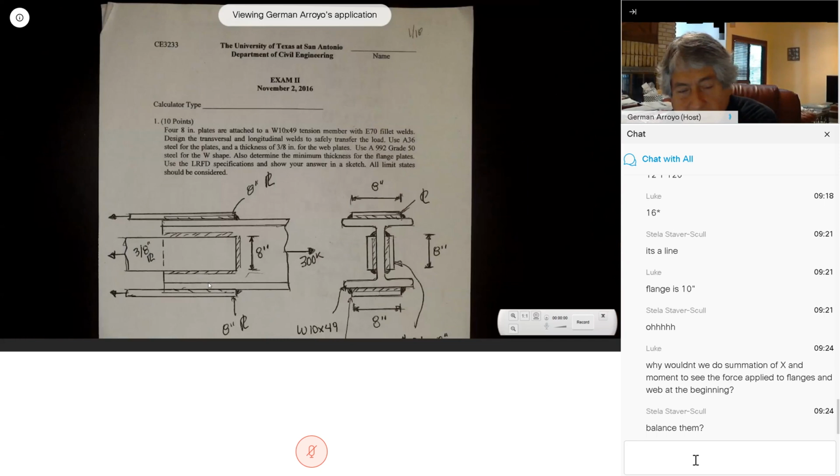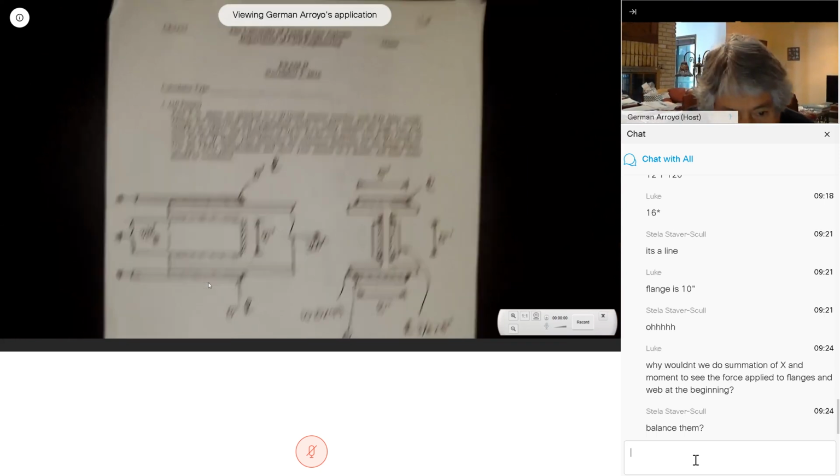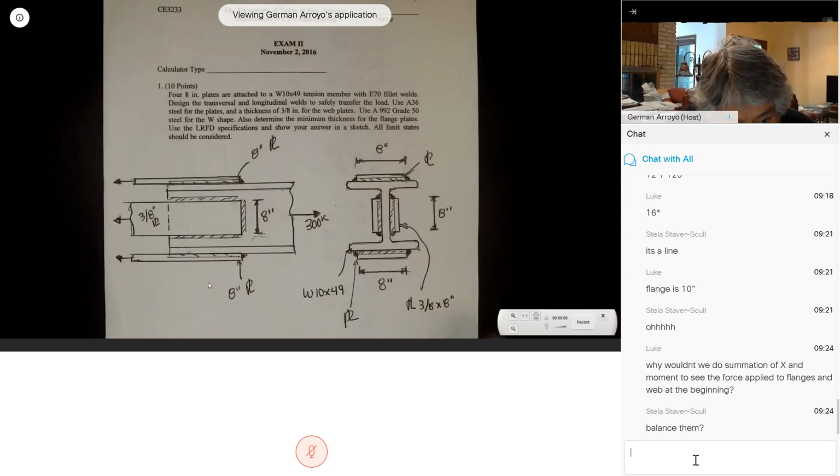In our case, everything is concentric. So these lengths are exactly the same. That's why we don't have to do that. They are already balanced by themselves because this force and this force are exactly the same. And we just wanted to look at the shear.